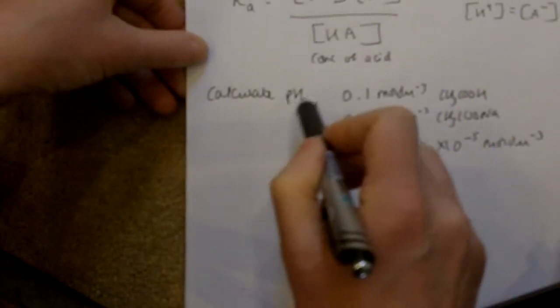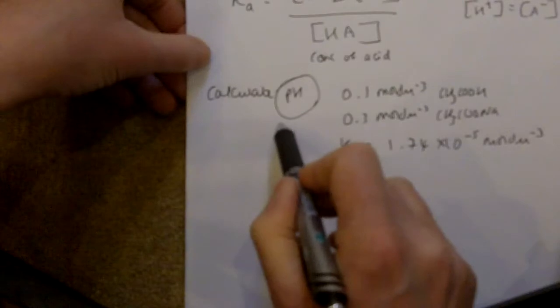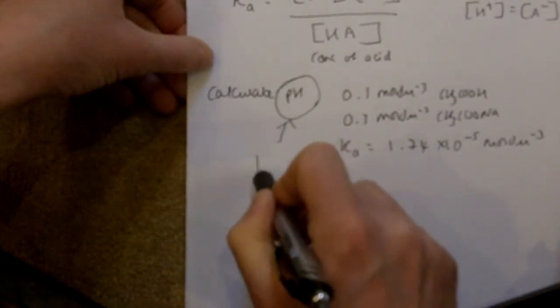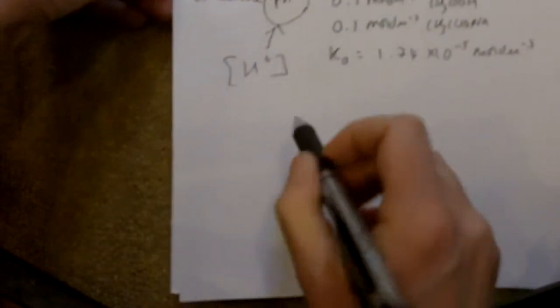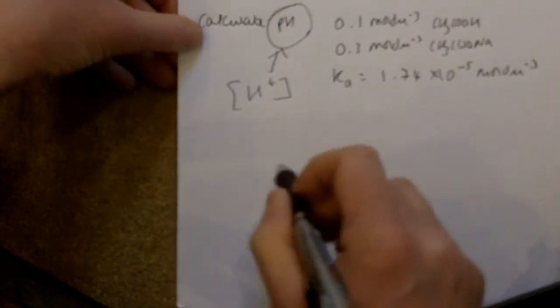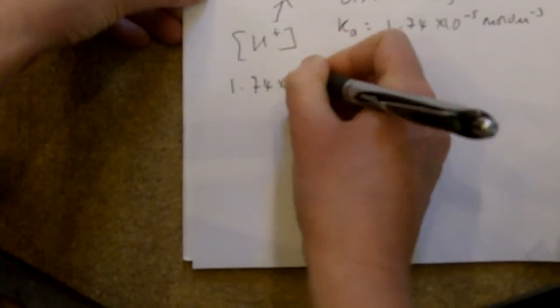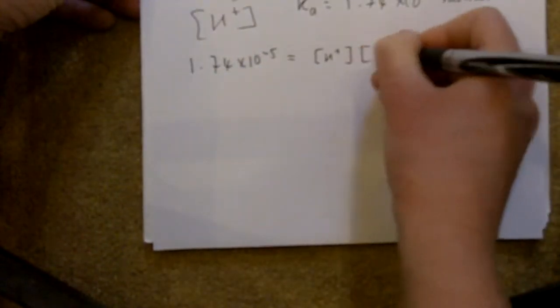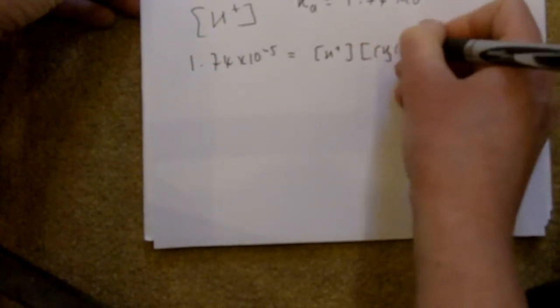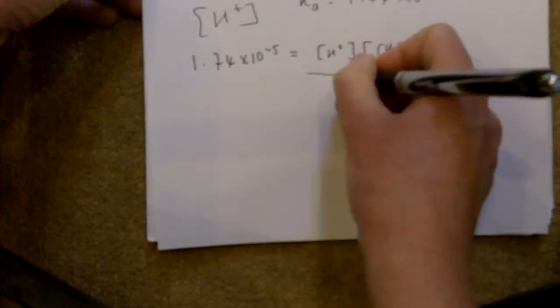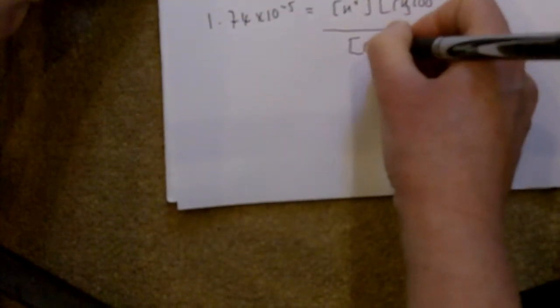And your job is to calculate pH. To get pH, we need H plus, don't we? So we've got Ka, that's been given to us. Ka is 1.74 times 10 to the minus 5. Ka is [H+] times [CH3COO-] over the acid.